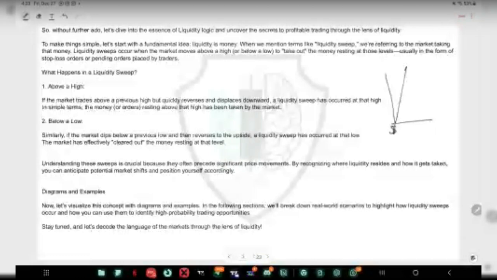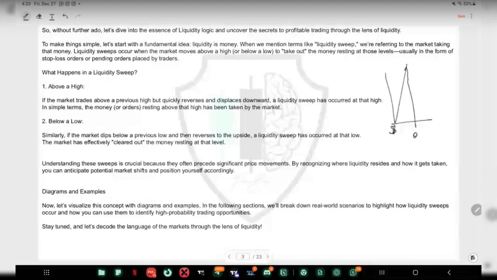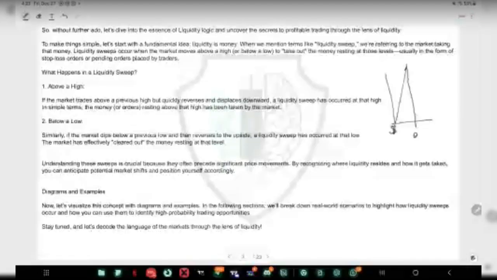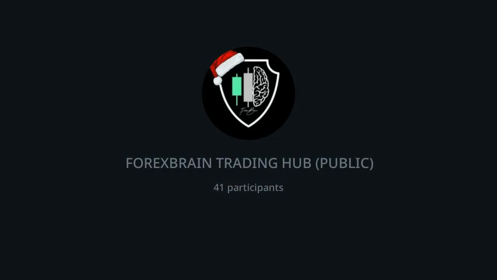That we have a lot of orders resting below this. You know that as soon as this low is taken, you would have already positioned yourself according to the market dynamics, and then you can join it and do the opposite inversely. You get? So that's that about that.